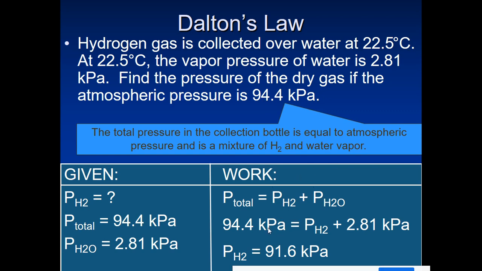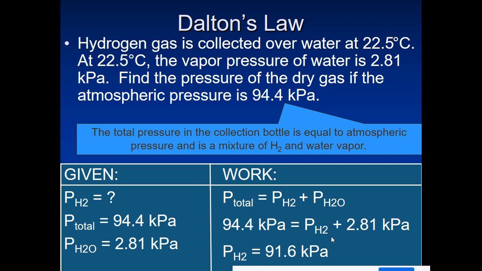So we have our PATM, which we're plugging into the left-hand side of the equation, and then we have our partial pressure of dry hydrogen, and then we have our water vapor pressure. If we subtract that 2.81 from 94.4 kPa, we get a partial pressure of dry hydrogen of 91.6 kPa.